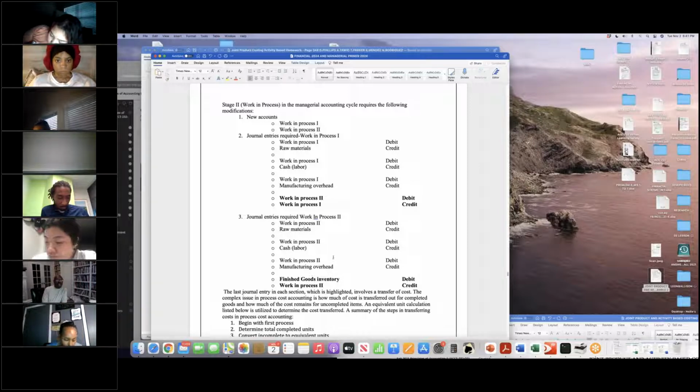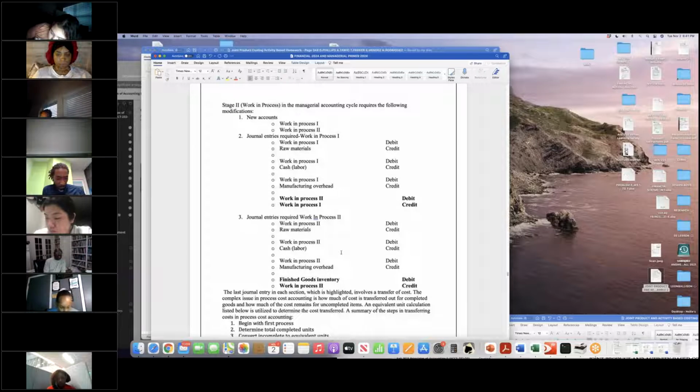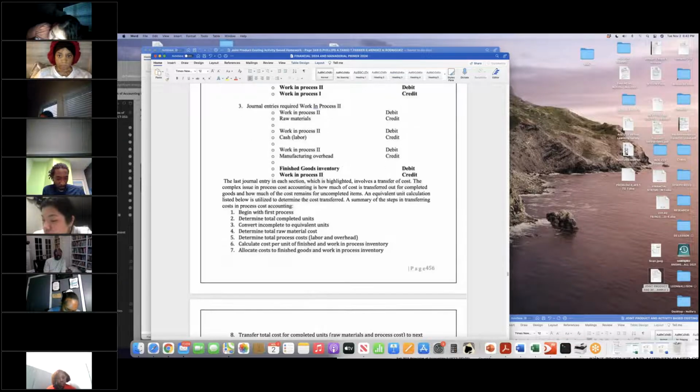So the big thing is coming up with how much we're going to allocate. Now, before, we were just doing all of one thing and a pro rata part, all of the labor and overhead and a pro rata part of the raw materials, and that caused some problem.